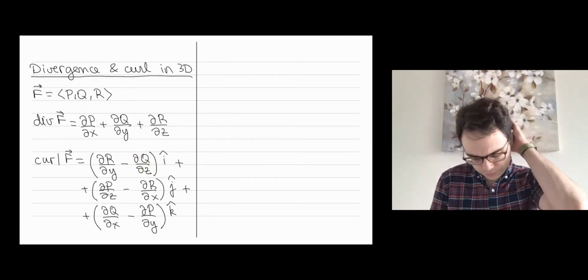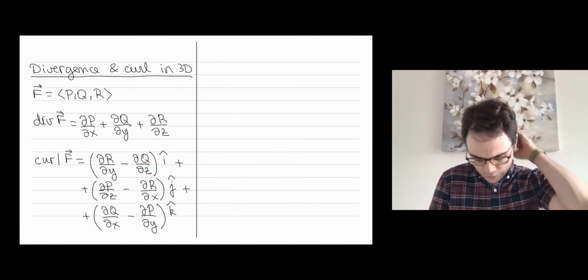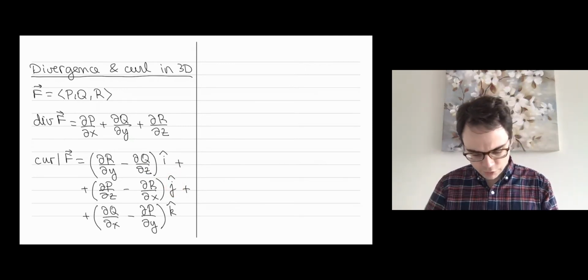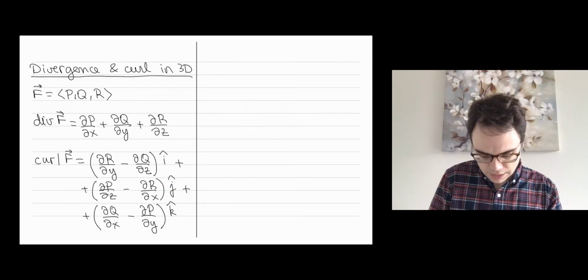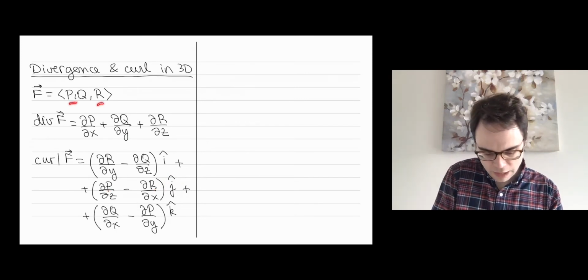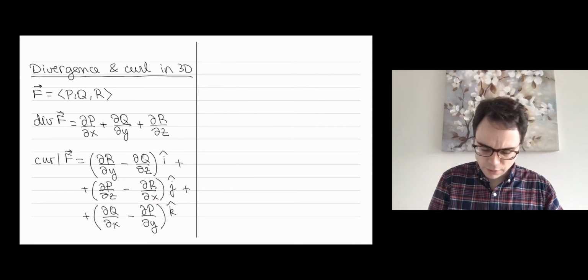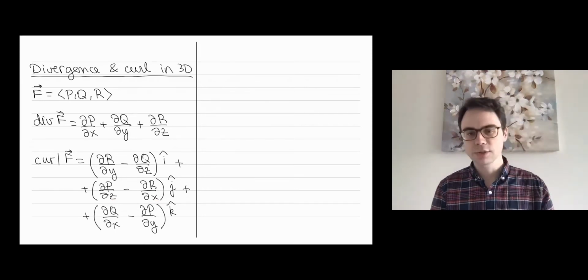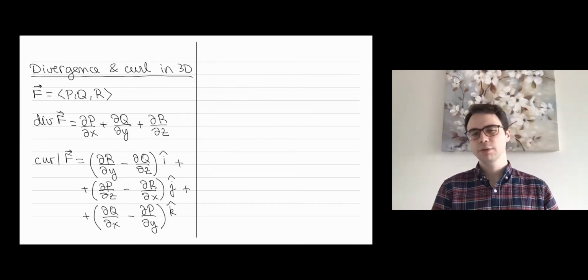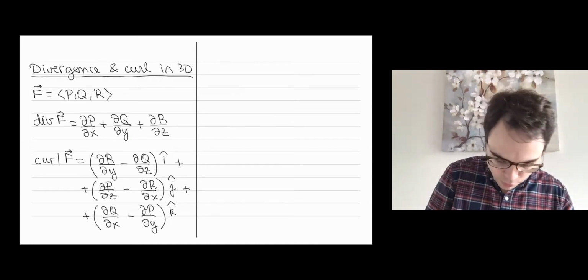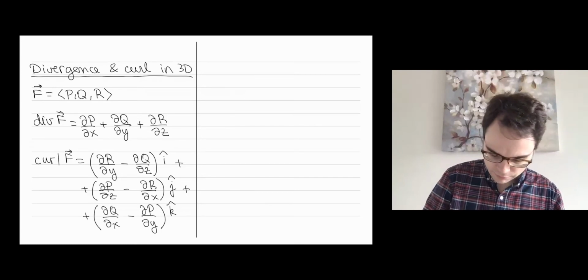The same holds true in the other cases. For the j component of the curl, the second component, we're looking at the first and third components of f and variables x and z, and so on, and the partials are mixed. So you could remember this, but probably you'd make a mistake with the sign. So here's a much better way to remember these definitions.